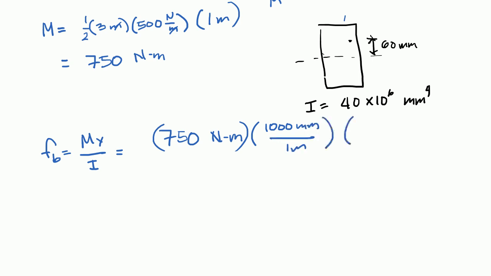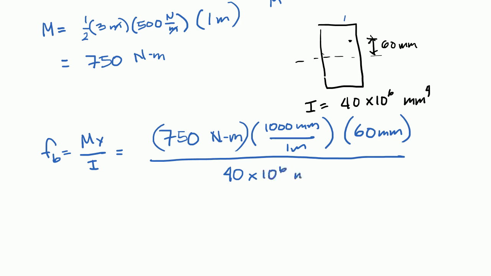Okay? Times Y, which is 60 millimeters, divided by I, 40 times 10 raised to 6 millimeters raised to 4. So, yung stress at 3 meters, yan ay equal to 1.125. So, using your calculators, you should be able to get 1.125 megapascal. At since nasa top fiber siya, this would be in tension.